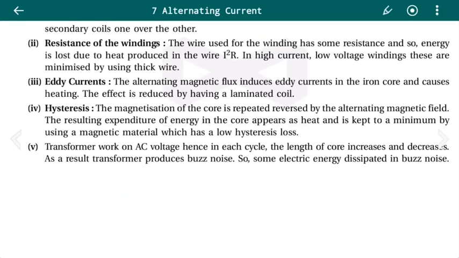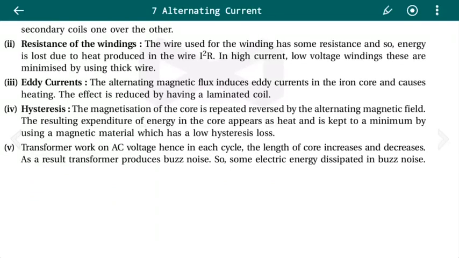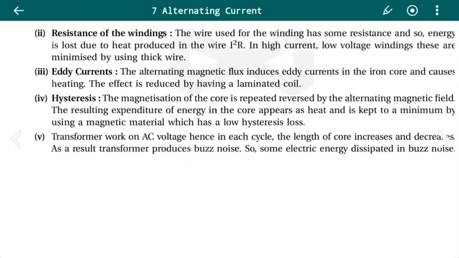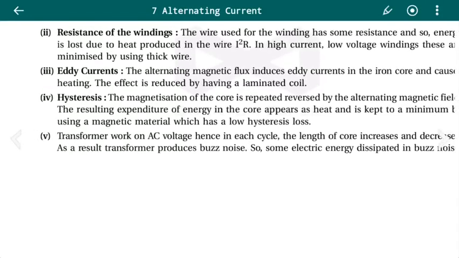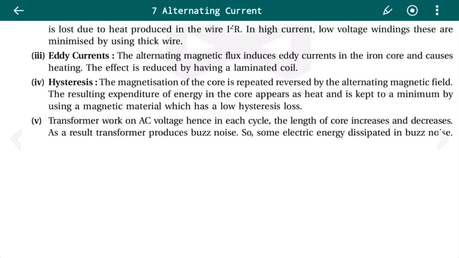The resulting expenditure of energy in the core appears as heat and is kept to a minimum by using a magnetic material which has a low hysteresis loss. So while changing the magnetic field, there will be dissipation of energy in the form of heat. So there is energy loss due to this hysteresis.